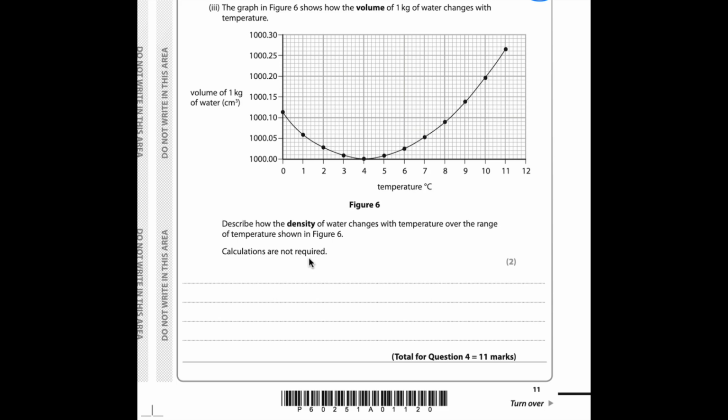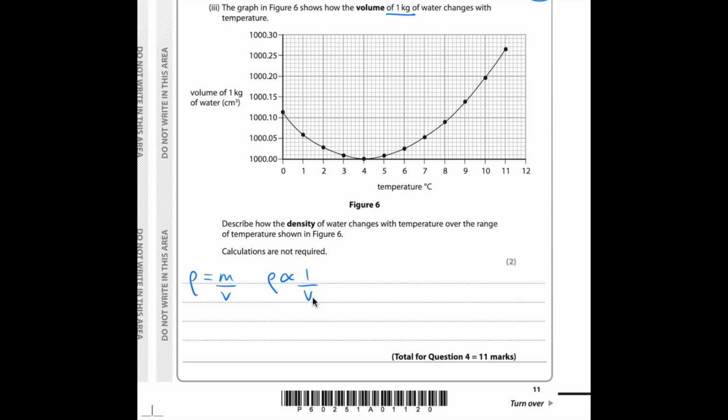However, I am going to base my explanation on a calculation. So to get the density, rho, you do the mass divided by the volume. Now the mass is going to stay the same, 1 kilogram. So if the mass is constant, the density is going to be proportional to 1 over the volume.